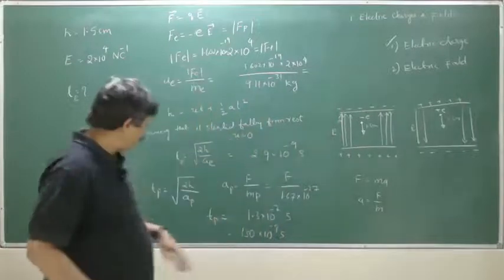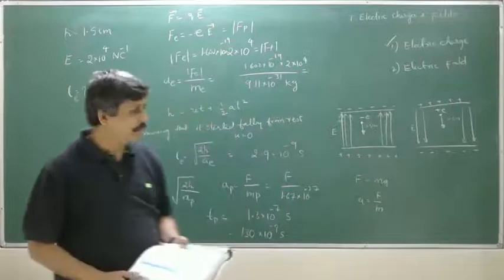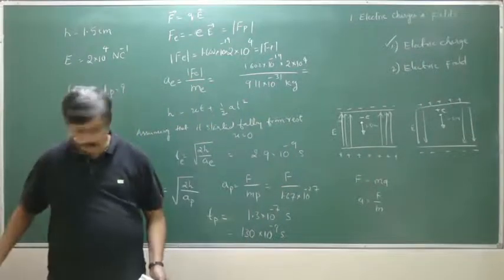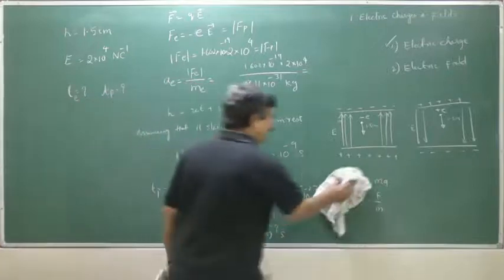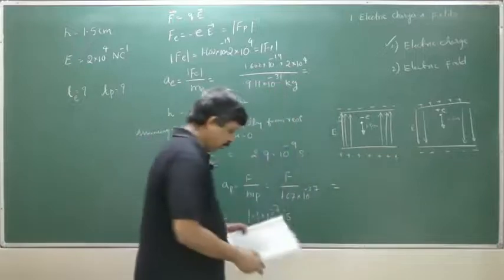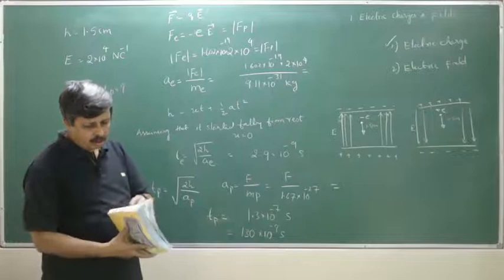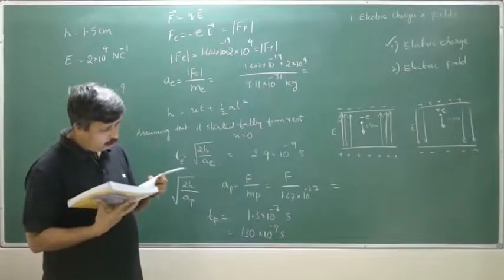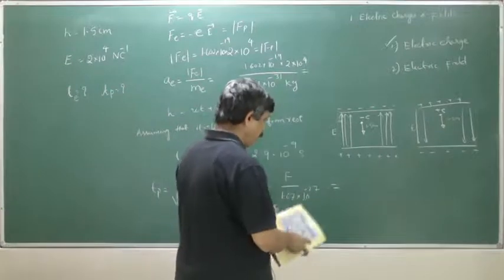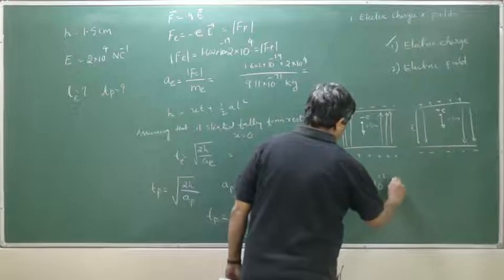You can actually calculate the acceleration value, how much it is for a proton or for an electron. Suppose I calculate this value for the proton, the acceleration turns out to be about 1.9 into 10 to the power of 12 meters per second square.